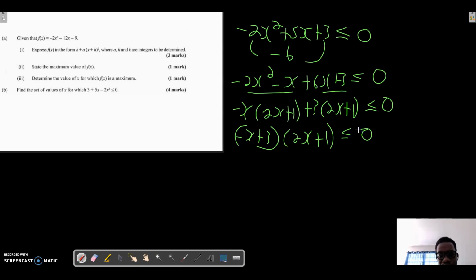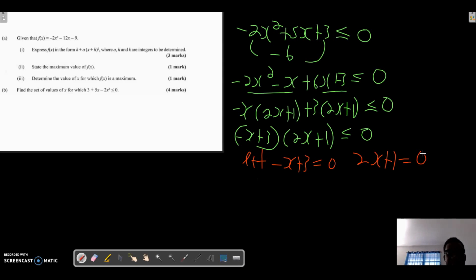Now, to find the boundaries, we can compare each of these factors to 0. So they're not actually equal to 0, we're just equating them to 0. So let minus x plus 3 equal 0 and 2x plus 1 equal to 0, which means that x would be 3, and x would be equal to negative a half here.